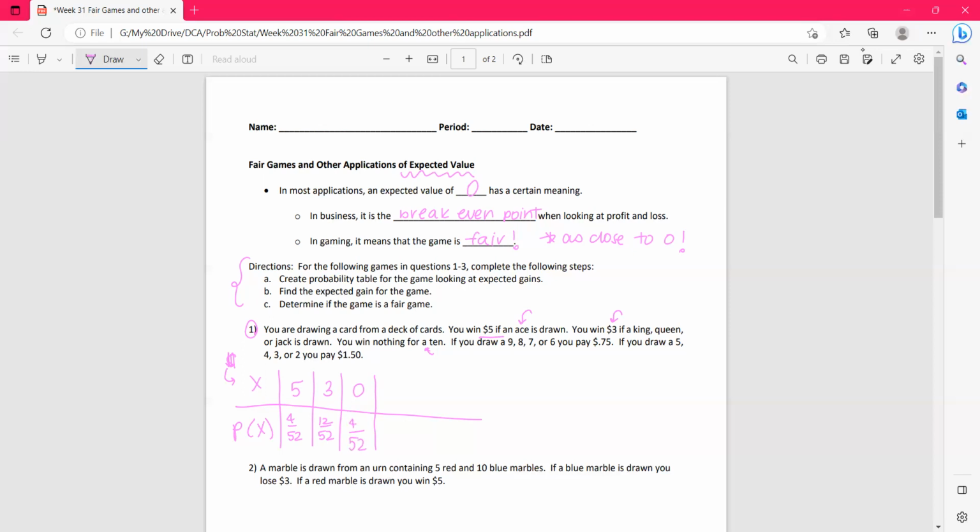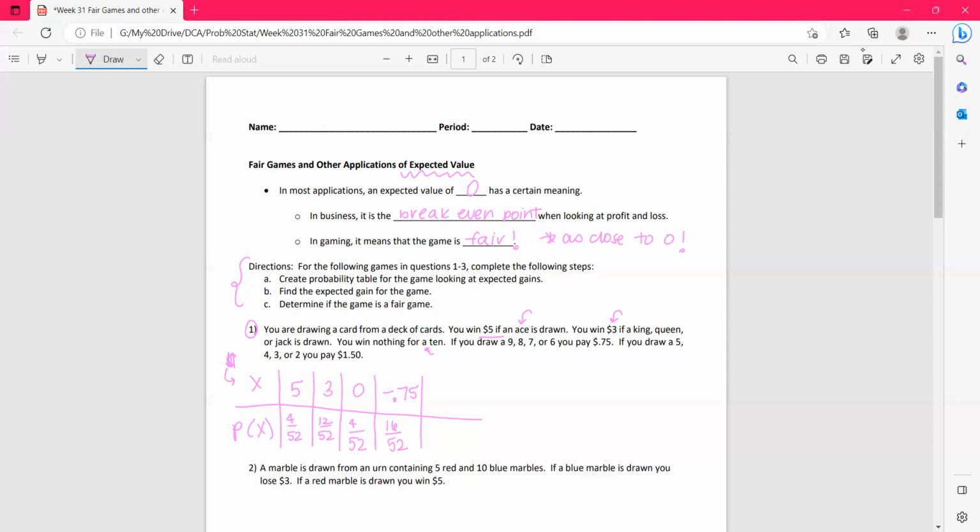If you draw a 9, 8, 7, or 6, we pay 75 cents. So we are losing money there. So notice now it's not a gain, so I have a negative 75 cents. And 9, 8, 7, 6, there's 4 cards times 4 suits, so we've got 16 out of 52.